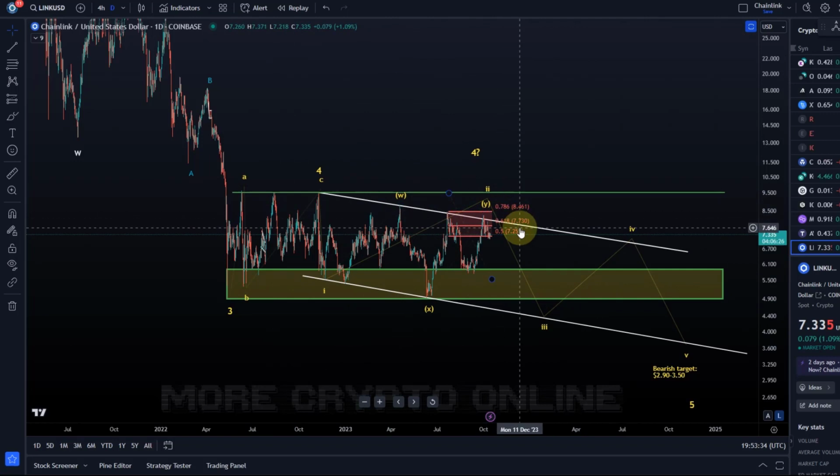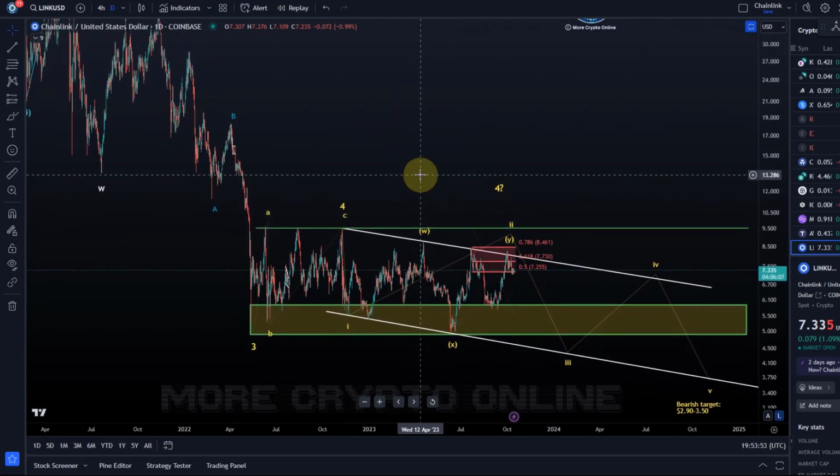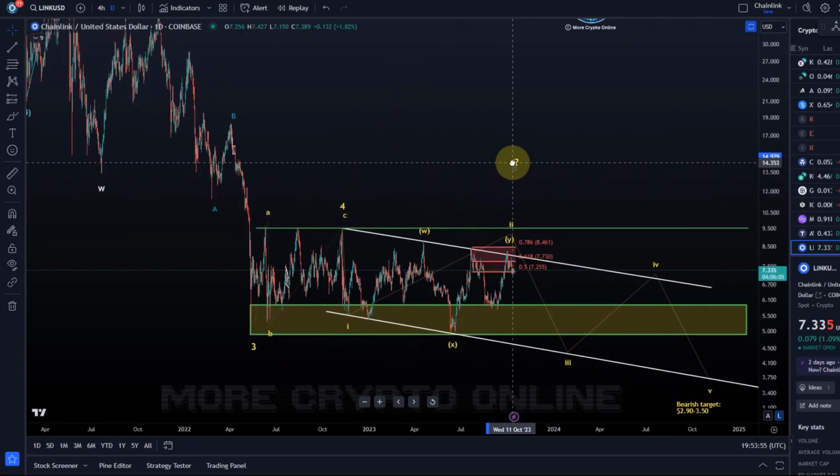The price channel is very important, because a break above the price channel will also probably lead to a break above the Fibonacci resistance, and only a break above the Fibonacci resistance will basically force me to reinterpret this structure. What it would leave us with is the potential that this wave 4 just gets reset higher.